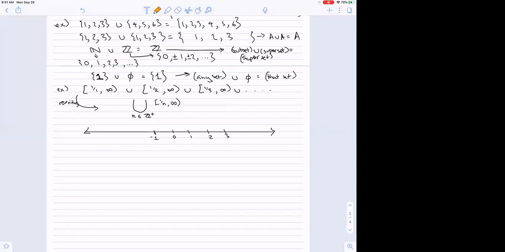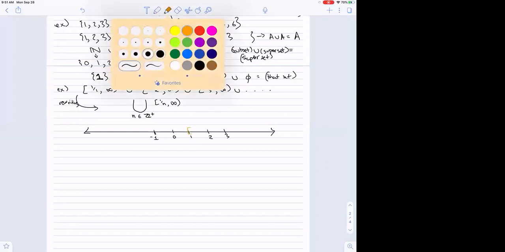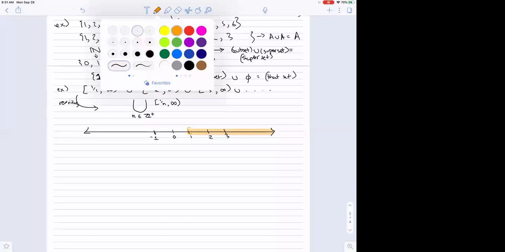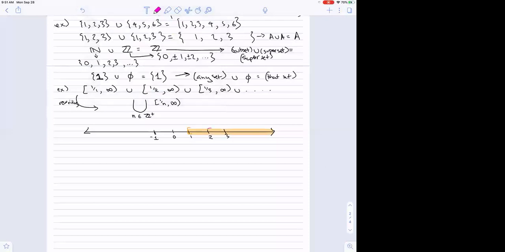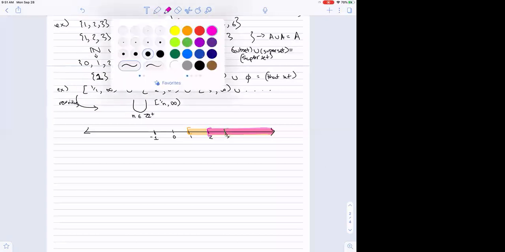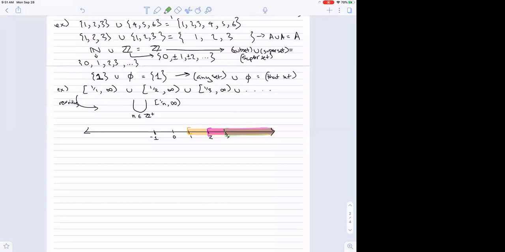The first one is this, and I'll color it in. It goes on to infinity, so there's no end. And then the second one is the set, and then the third one would be that set, and so on and so forth.